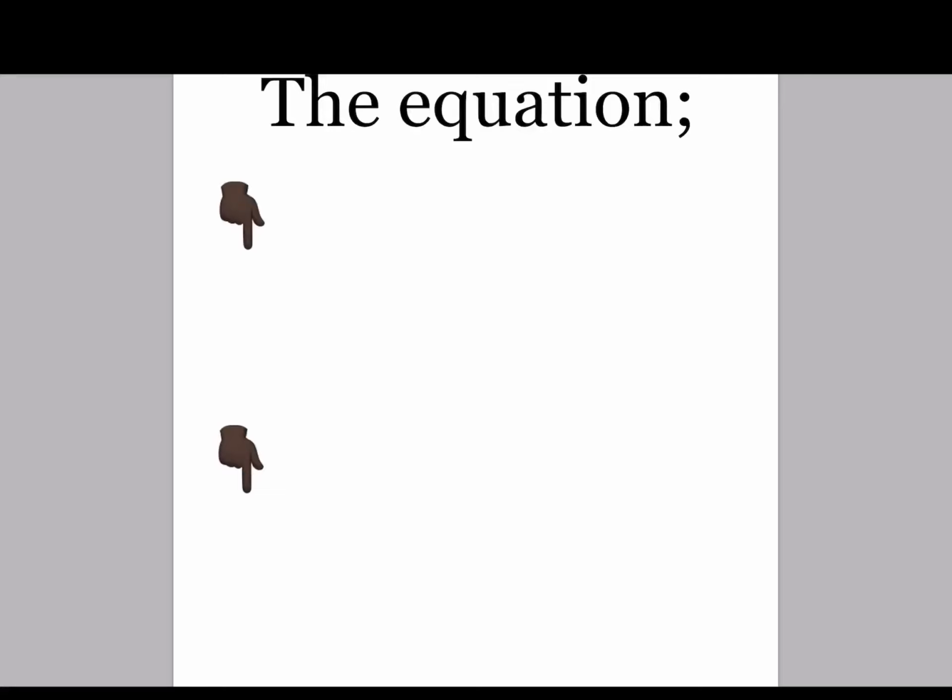The first one, the equation for the fermentation of the alcohol. Fermentation of alcohol is the production of the alcohol. So the first one, of course, we need the food, which is the glucose. And then we add the yeast.